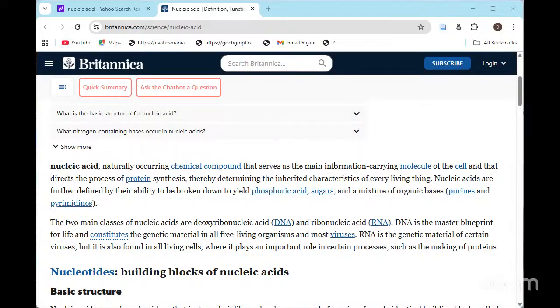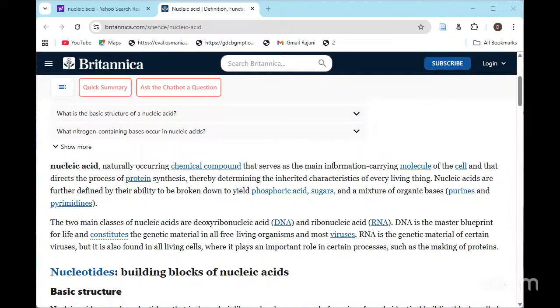Nucleic acids are naturally occurring chemical compounds that serve as the information-carrying molecules of the cell, and they direct the process of protein synthesis, thereby determining the inherent characteristics of every living thing.